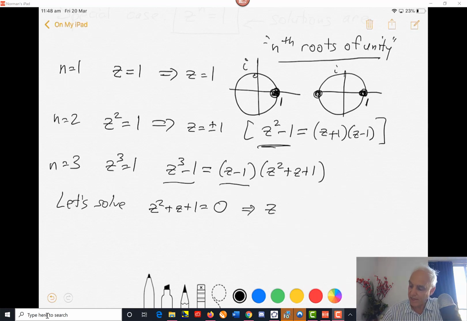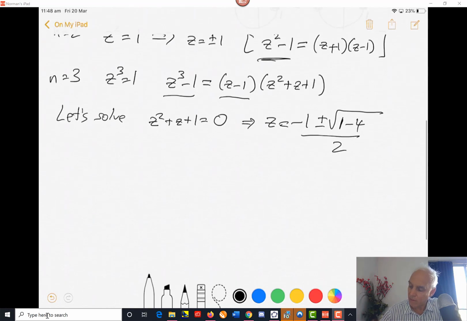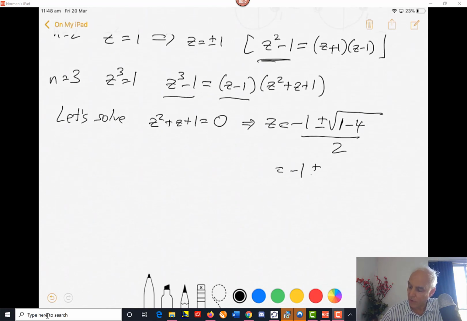It would say that z is going to be equal to minus b, so that's minus 1, and then plus or minus the square root of b squared, which is 1, minus 4ac, so that's minus 4, all over 2. And what is that? Well, that's equal to minus 1 plus or minus the square root of minus 3, over 2.